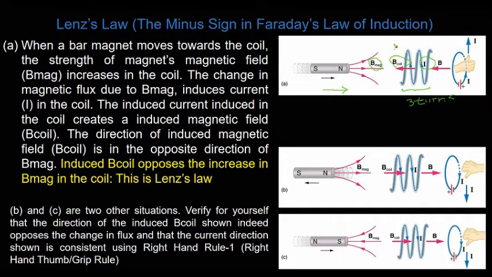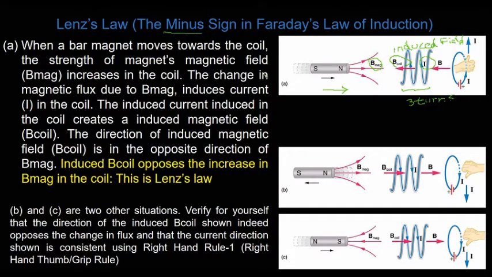This is induced in the coil, and essentially what we're saying is that the direction of the induced magnetic field, shown by B subscript coil, is opposite to the direction of the field of the magnet, and that opposite direction is shown as the negative sign.